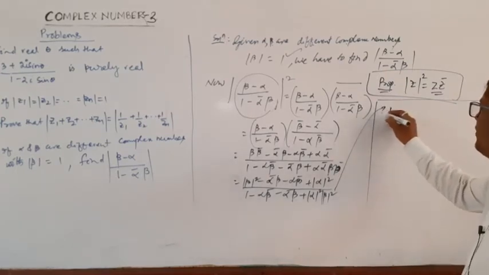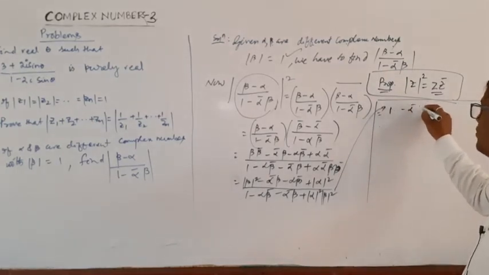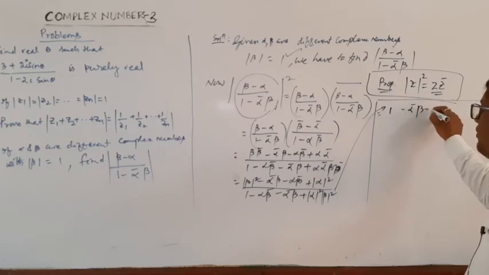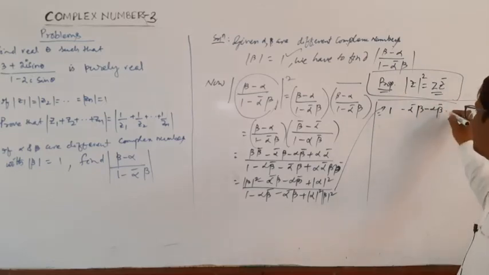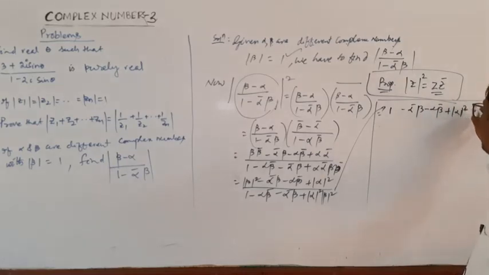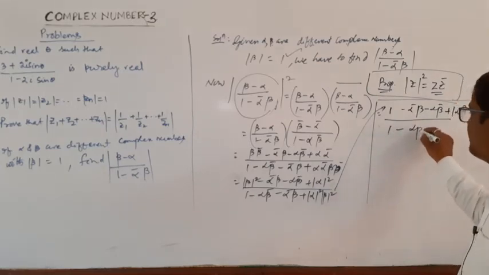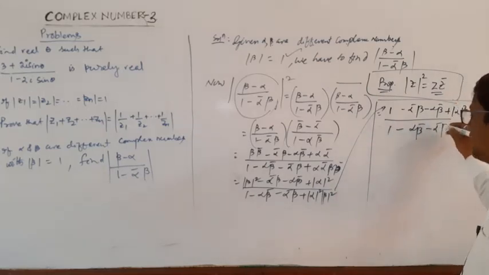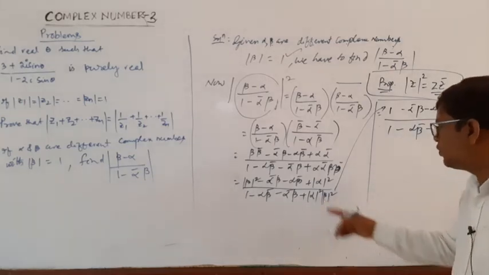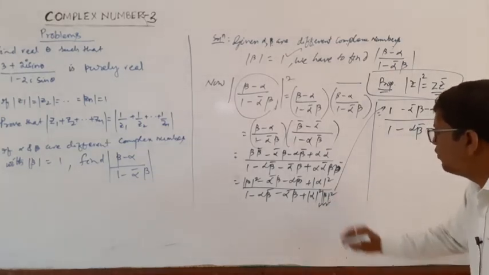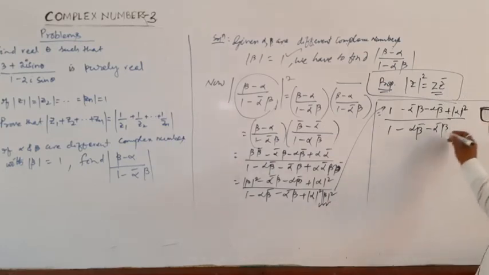So, 1 minus alpha conjugate beta minus alpha beta conjugate plus mod of alpha square, whole divided by 1 minus alpha conjugate beta, and this is what, mod alpha square, and mod beta means 1. So, this is plus mod alpha square.